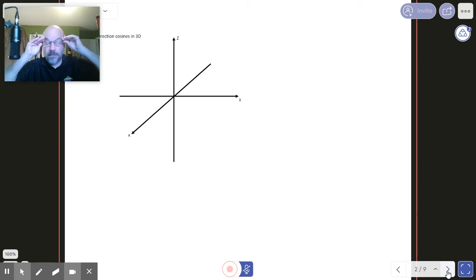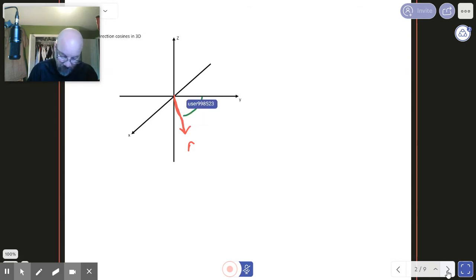Instead of quadrants, we've got octants there. And let's put the same vector out there. So we've got a vector out here like this. Okay, so there's R. And R's in the XY plane. And we've got the same components. So there's our angle beta. And here's our angle alpha.